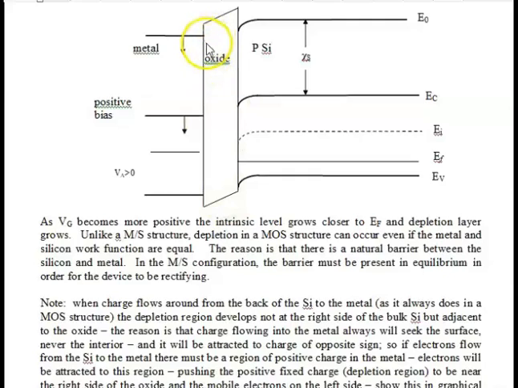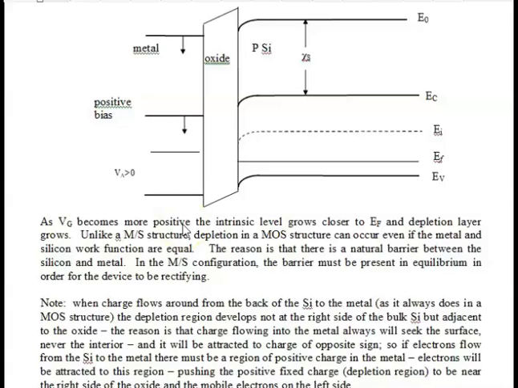So if I have positive charge at the metal oxide interface, I'm going to pull over negative charge from the oxide silicon interface. So this is where all the charge occurs. There's no fixed charge or even mobile charge here. This is all quasi-neutral, and here, of course, since it's a metal, it is certainly neutral.